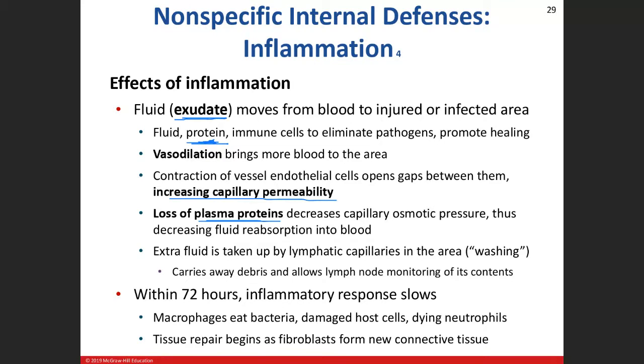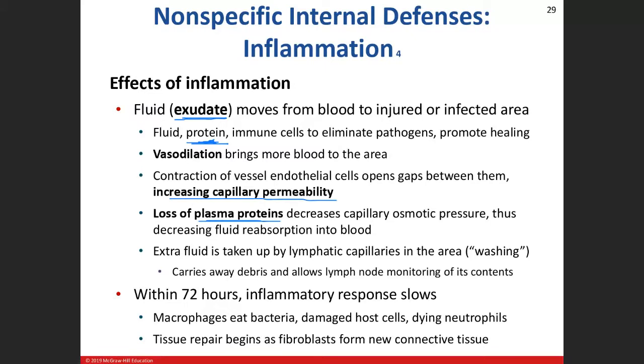Push is the hydrostatic pressure, and the pull is the osmotic colloid pressure, the attractiveness that proteins have for water and fluid. Well, if we're losing our proteins, if they're leaking out of our blood into the tissue, now the osmotic or oncotic pressure inside that blood vessel has decreased.